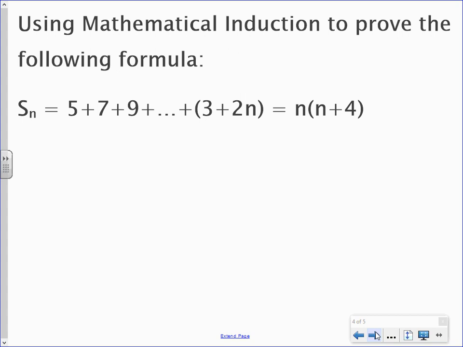So this is saying if we take the sum of the sequence 3 plus 2n, it would be the same as n times n plus 4. So our proof.